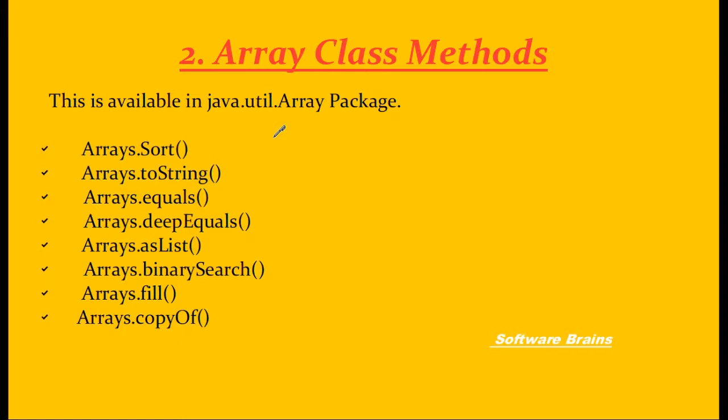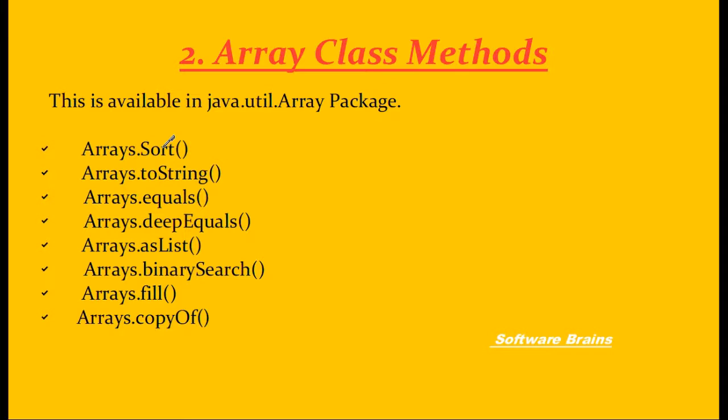I will brief you about the methods now, and we can also see each method one by one with an example so that you get the complete picture of the method and can easily practice them and use them in your programs while coding in Java. So first method is Arrays.sort. This is so simple. You will have an array and you need to sort it.